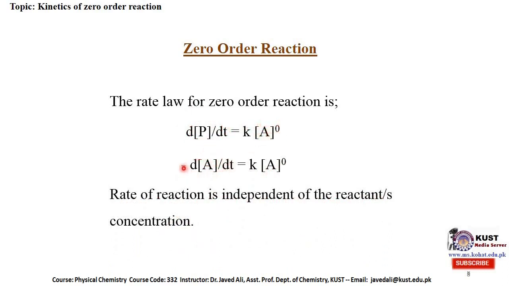Similarly, the rate of disappearance of reactant is not dependent on reactant according to this equation, because the power is 0 and anything power 0 is equal to 1. So the rate of formation of product or rate of disappearance of reactant is independent of the reactant's concentration.